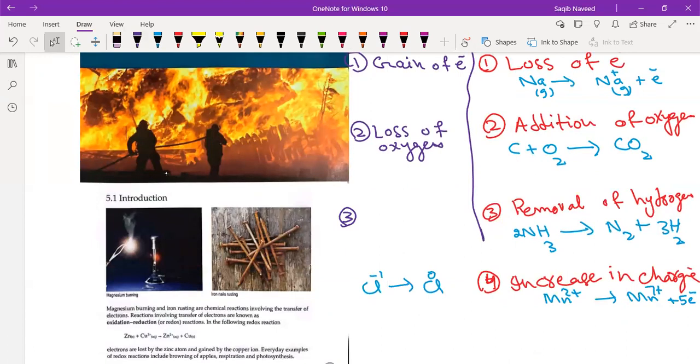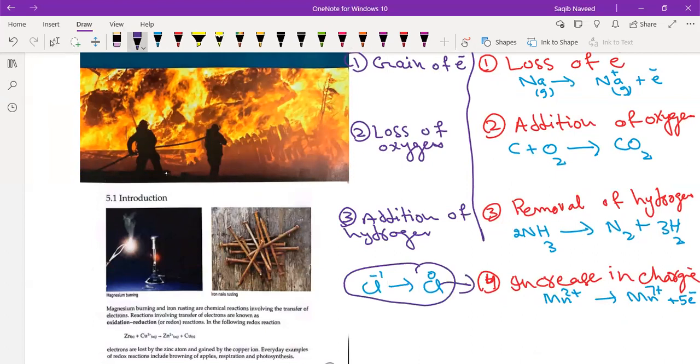Then you have oxidation as removal of hydrogen, then reduction would be addition of hydrogen. And the fourth one would be opposite to this, decrease in charge value.